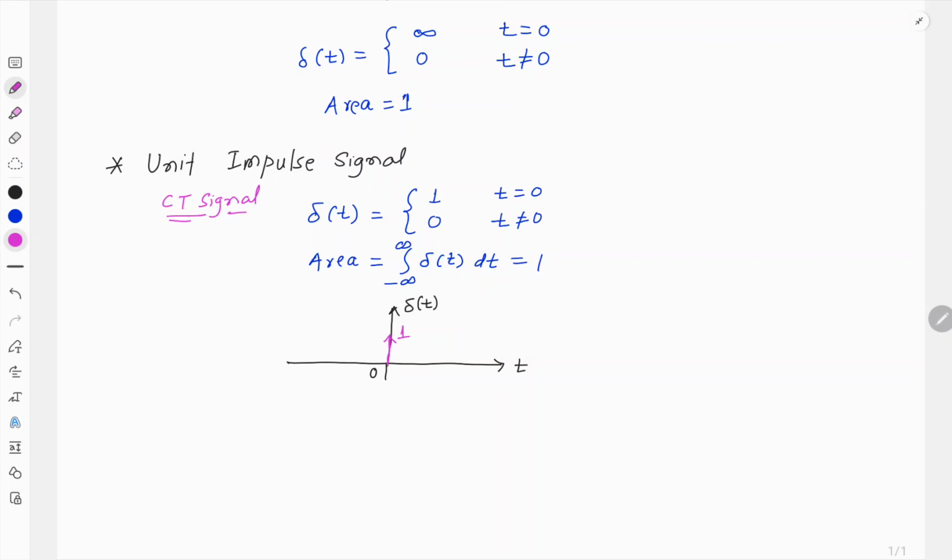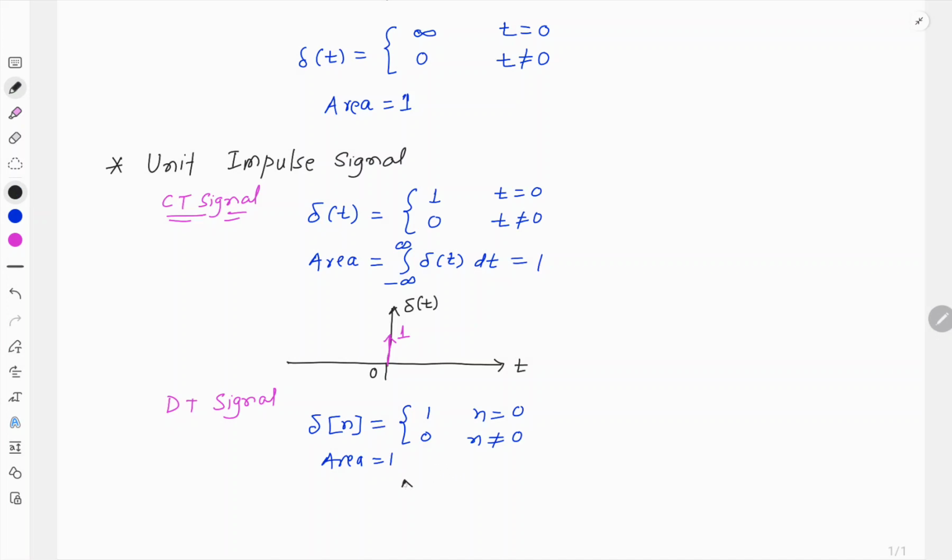Similarly, we can denote this signal in DT domain also. For DT domain, the equation changes to delta[n] equal to 1 for n equal to 0 and 0 for n not equal to 0, and area equal to 1.